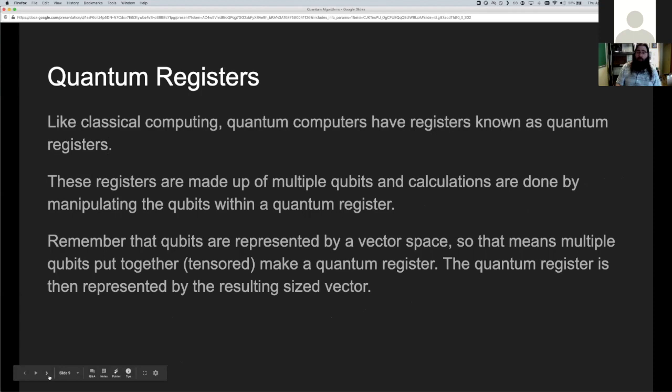And these qubits together make quantum registers, and similar to classical registers, they are where we push and pull multiple pieces of data in and out, do calculations, manipulating them, so to speak. Essentially everything is a vector space, so multiple qubits together make a quantum register. The quantum register is the resulting size vector.